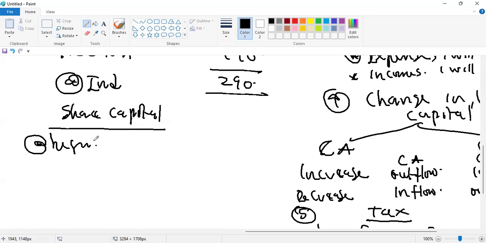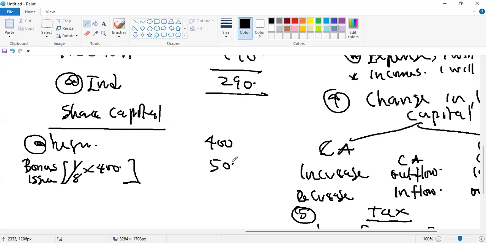I'll go and check. It's 400. Nominal value of 1 naira does not make any sense to convert. Bonus issue now: 1/8 times 400. That will give us 50.